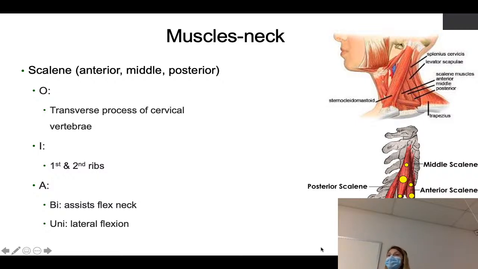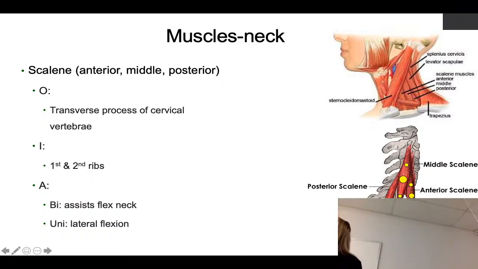So the origin of the scalenes are going to be the transverse processes of the cervical vertebra, which we know are the blade-like projections coming out from the sides. They are going to insert on your first and second rib. So you can see first rib right here, second rib right here.